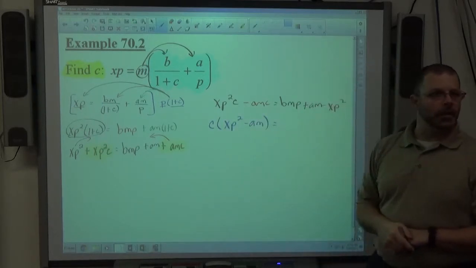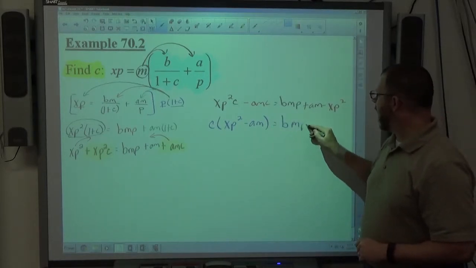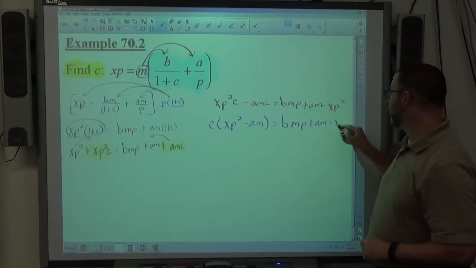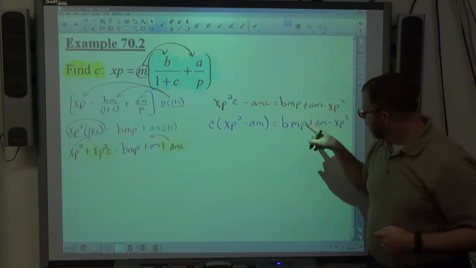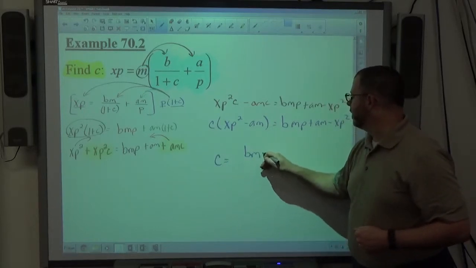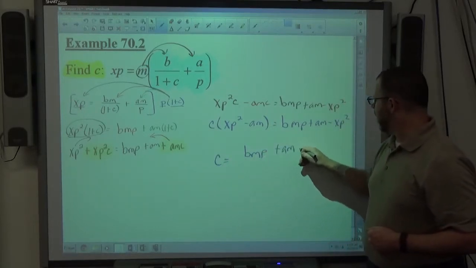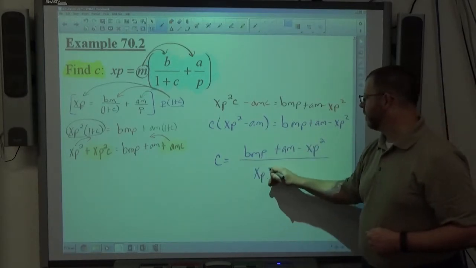So they get factored out. When I factor that out, nothing happens to the other side. You rewrite it, but it didn't change. And then top, bottom. So C equals top, BMP plus AM minus XP squared, over bottom, XP squared minus AM.